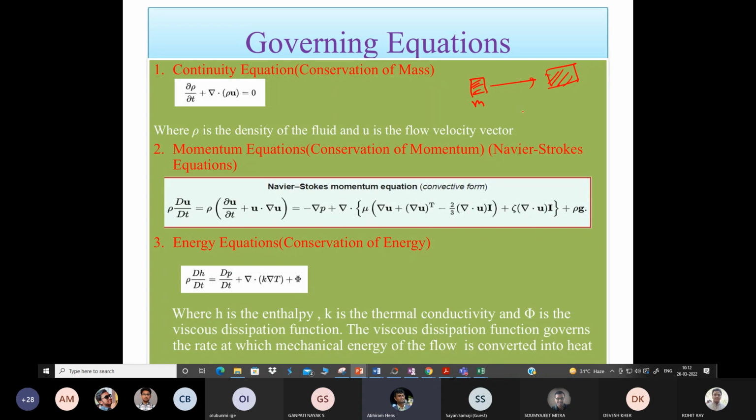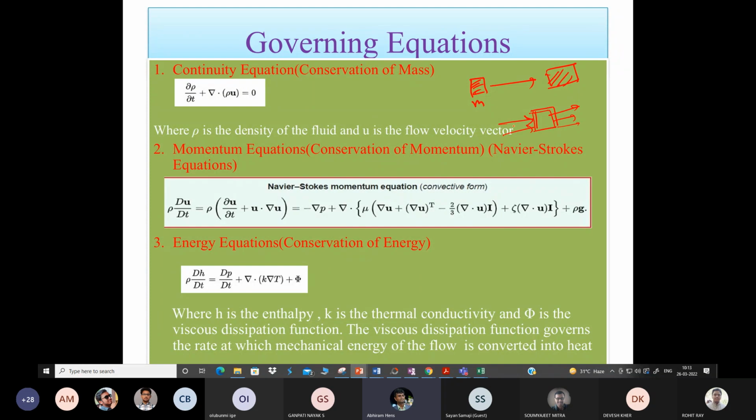But in case of fluid, such fixing of mass is very difficult. This approach is not so good. So what we do, we take a control volume. Control volume means we fix a volume and we consider that some amount of flux, maybe mass flux, that means fluid flow, is entering that volume and exiting from the other side, from the other part. Okay.